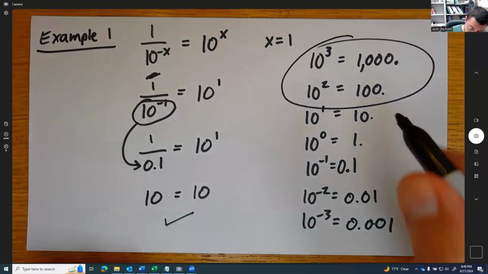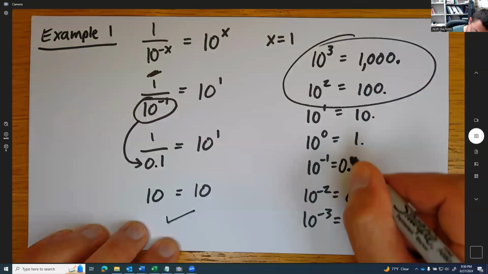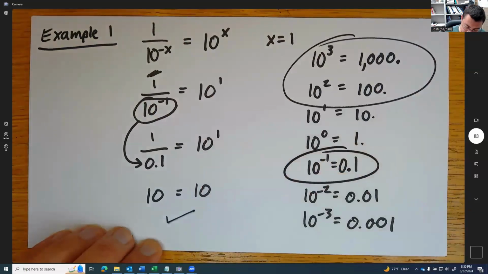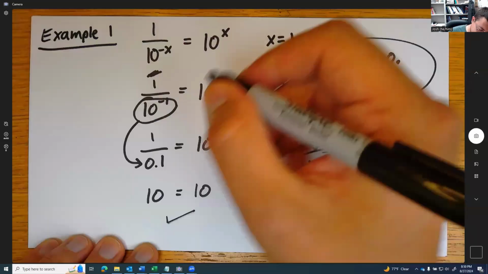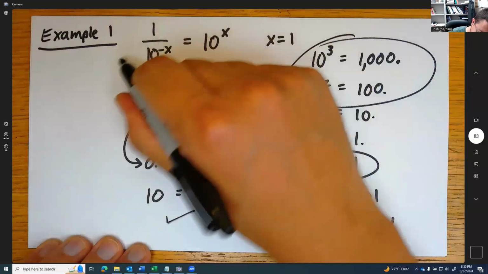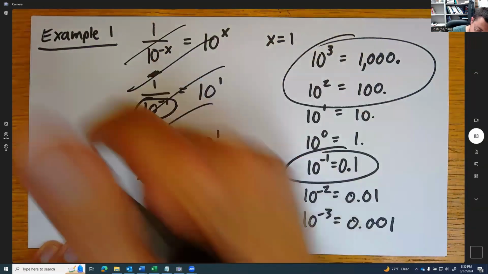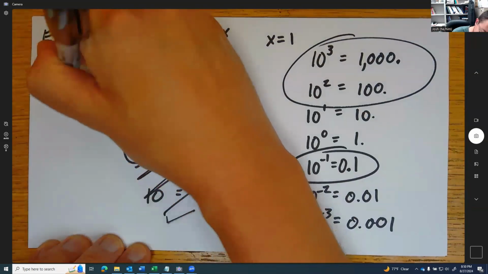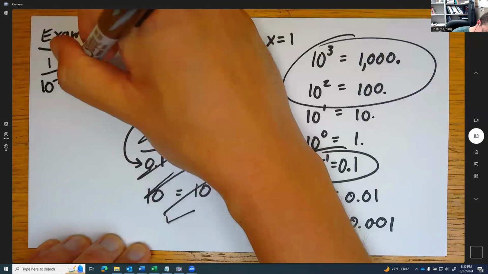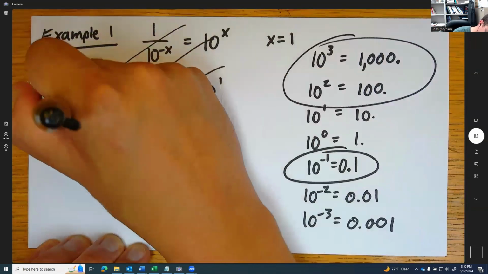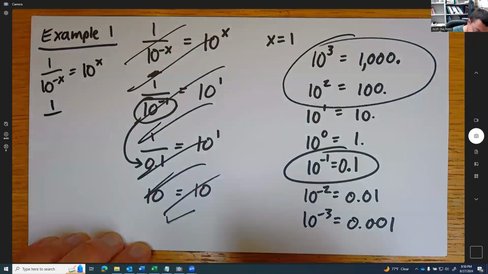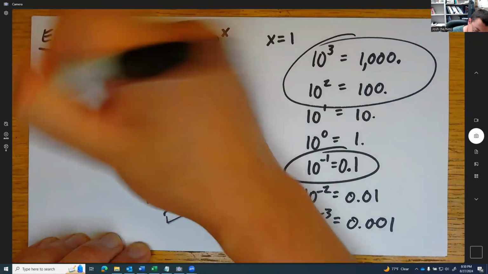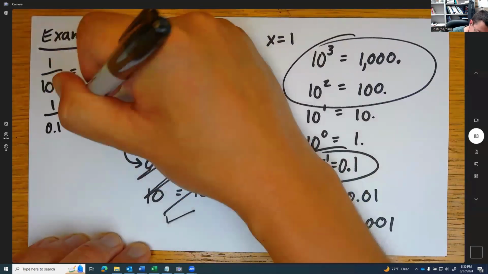So in this problem, this would have been the useful piece of information. If we were to redo it, I'll use this space over here. We have 1 over 10 to the minus x equals 10 to the x. 1 over 0.1 is equal to 10 to the 1.